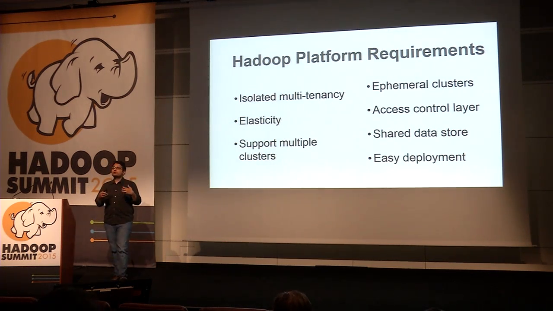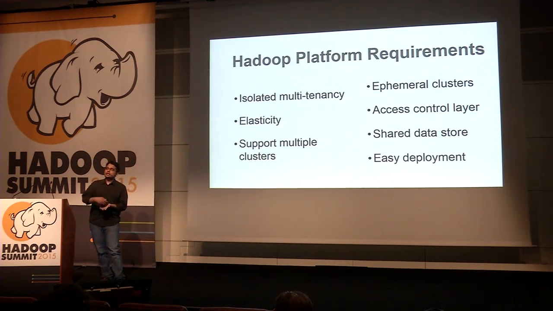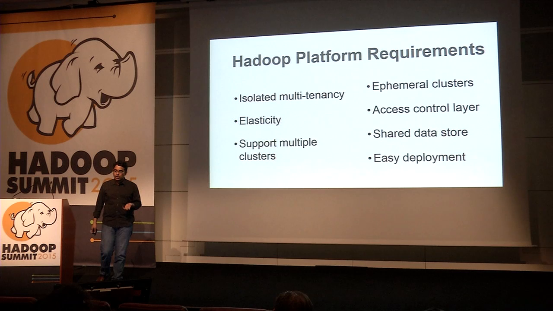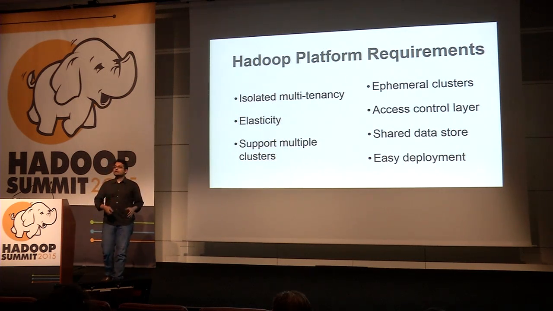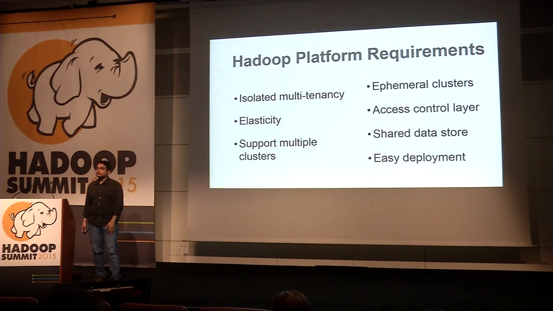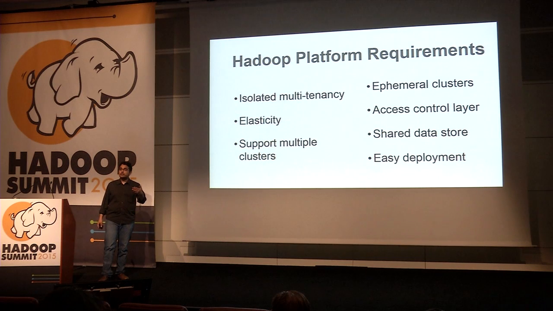We wanted to be able to spin up as many clusters as possible and shrink and grow each cluster as and when we want to, and take advantage of the spot instances of Amazon to create temporary clusters that do a specific backfill job or run an experiment. So elasticity, supporting multiple clusters, and ephemeral clusters was very important.